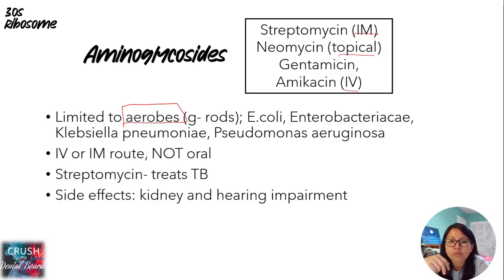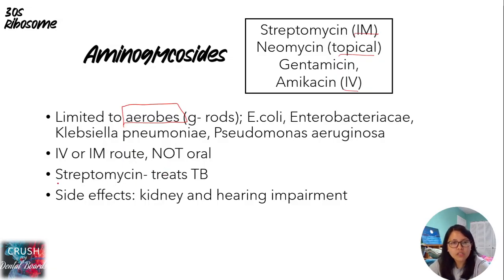Examples of microorganisms affected by your aminoglycosides would be your E. coli, your Enterobacteriaceae, your Klebsiella pneumoniae, your Pseudomonas aeruginosa. Now, the route for your aminoglycoside is usually IV or IM. It's usually not oral because they are easily degraded. Okay.